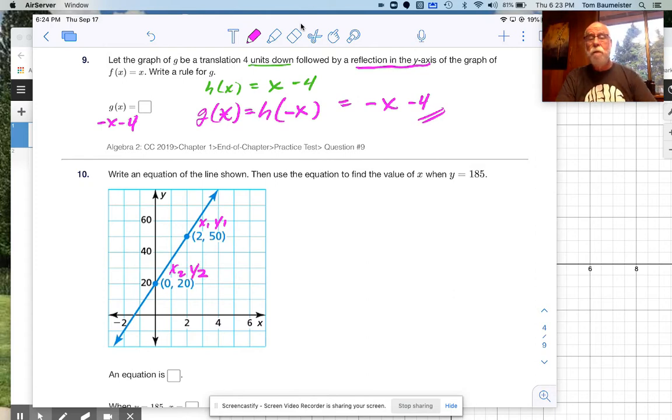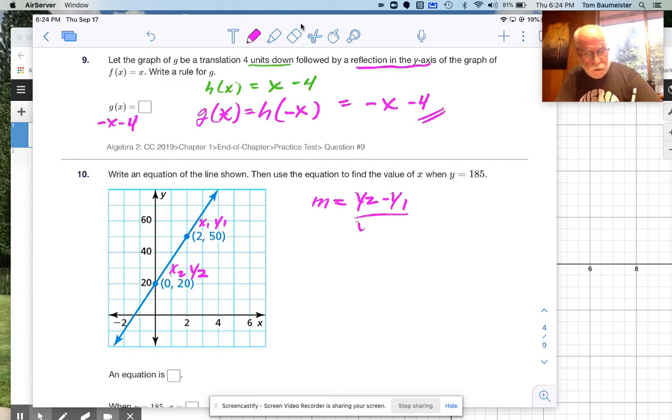And again, it doesn't matter which way. I think when I did it in class for you, I went the other way, but we'll see that I should still get 15. So I have y2 minus y1 over x2 minus x1.